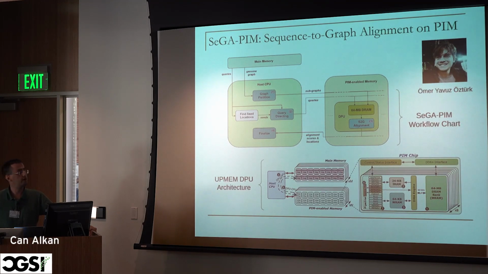So this requires some graph partitioning, hopefully with some overlap so that we don't miss across-partition mappings. The rest is done by the DPUs, and then it will be reported back to the CPU.